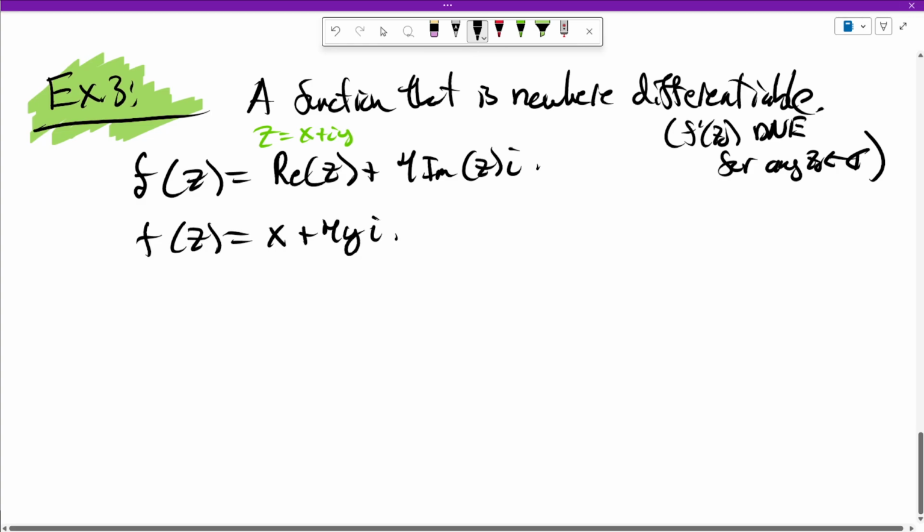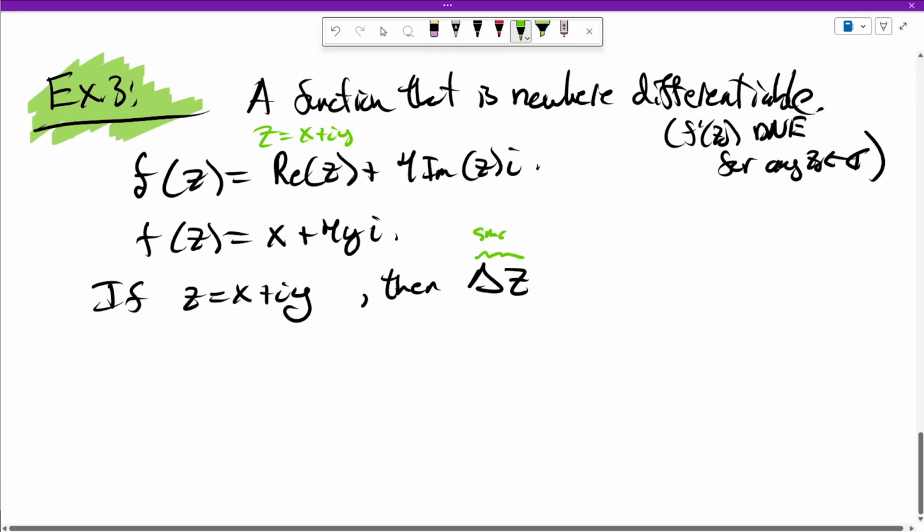All right, so how do you prove that such a thing does not exist? Well, you write down your limit, and then you do two different approach paths, or at least you try to find two different approach paths. And so let's do exactly that. And let me just observe that if we write z as x plus iy, then delta z is meant to represent a small change in z.